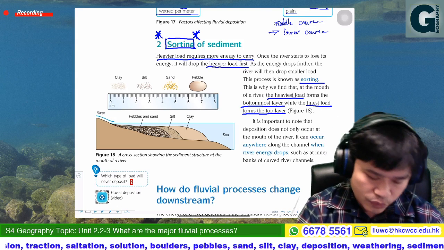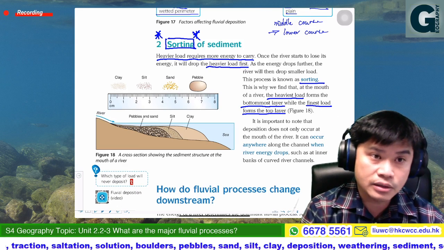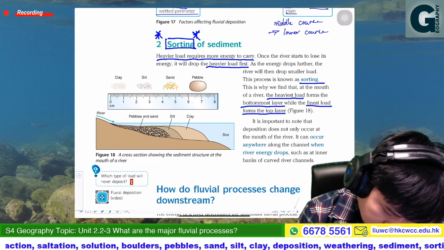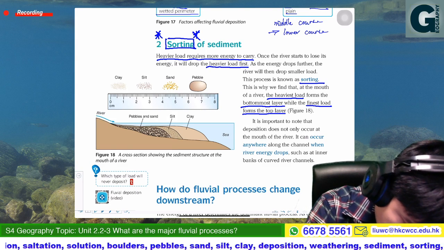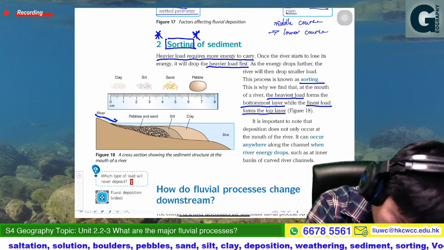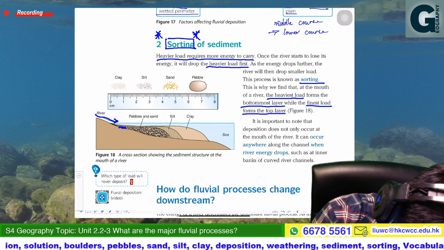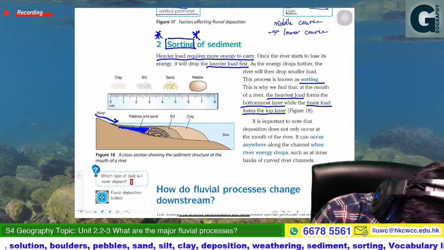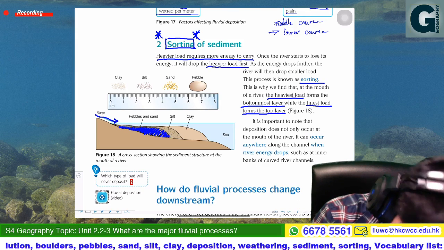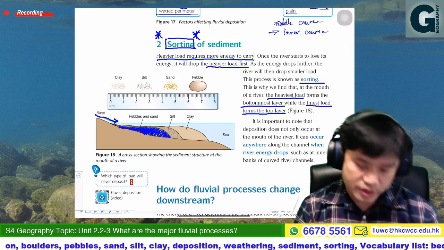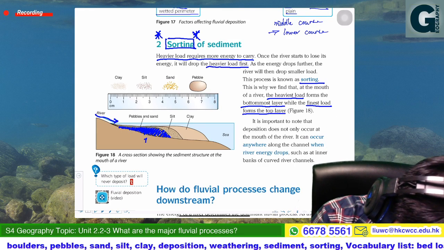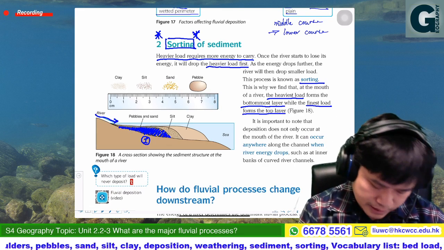Okay, why? It is because if you look at this figure 18, when the river flows, the heaviest material would be deposited first. The heaviest would be the pebbles and sand.